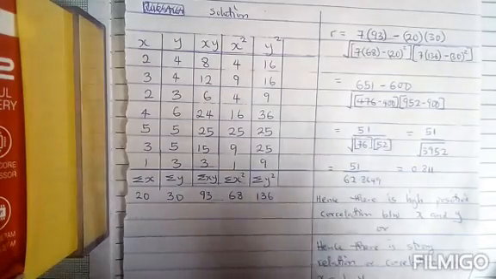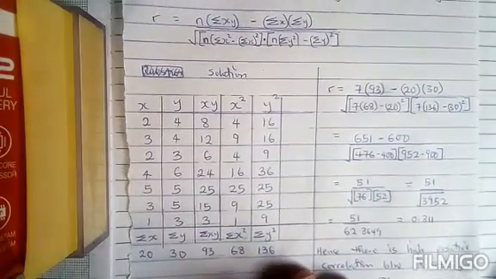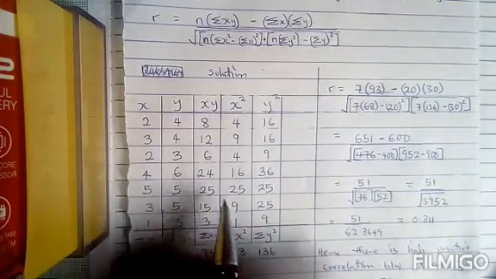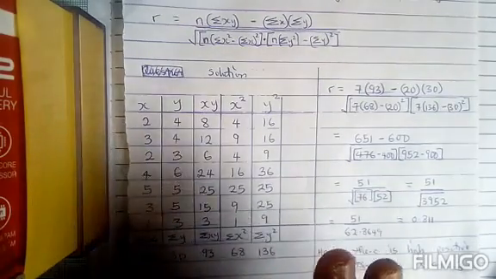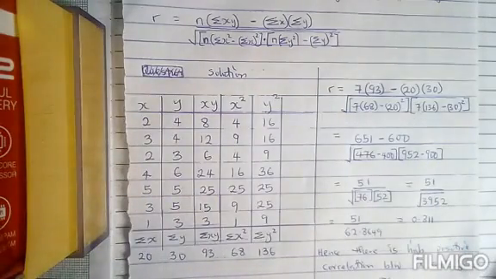Your strength here is just know the formula and how to compute your table. That's all. So this is product moment correlation approach, or Pearson correlation coefficient.